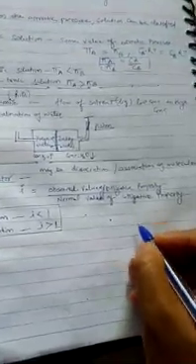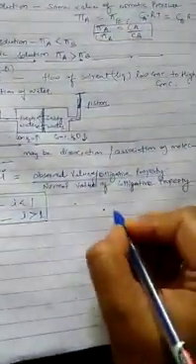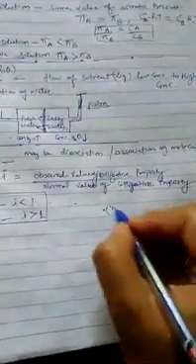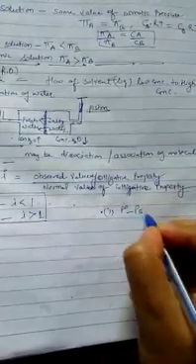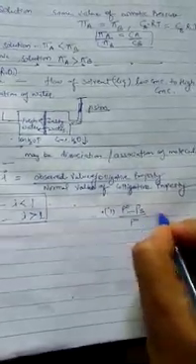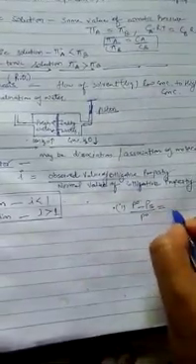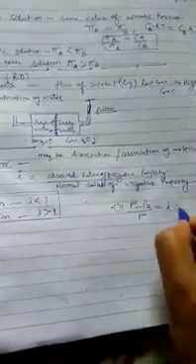On this basis we can further modify the colligative properties. The first colligative property was relative lowering, (P0 minus Ps) upon P0, and after introducing this factor, Van 't Hoff modified it as i into XB.